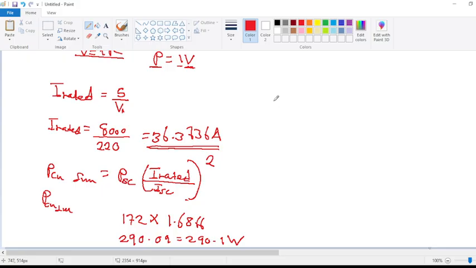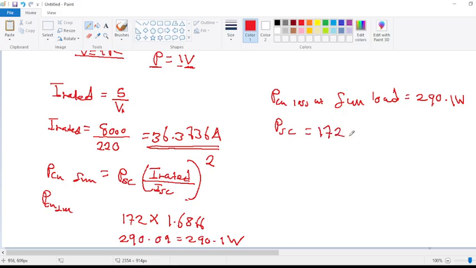So we have the copper loss at full load equal to 290.1 watts. Then we have the copper loss, not at full load, but the copper loss of the short circuit, which is 172 watts.